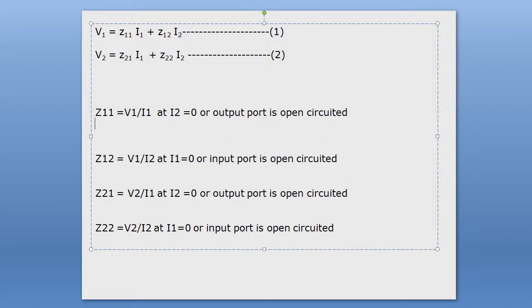This impedance is also known as input port driving point impedance.